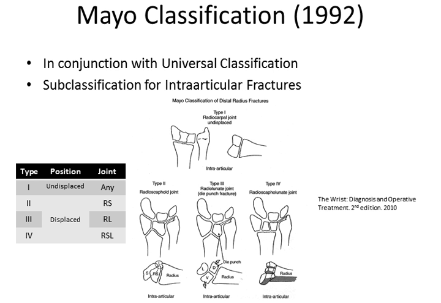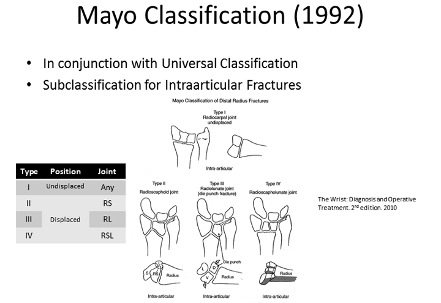Okay, the next classification I'm going to go to is the Mayo classification. This one was developed and supposed to be a subset of the universal classification. So you actually use the universal and the Mayo classification to give it a little bit more resolution. So basically type 1 to type 4. Type 1 is an undisplaced intra-articular fracture.